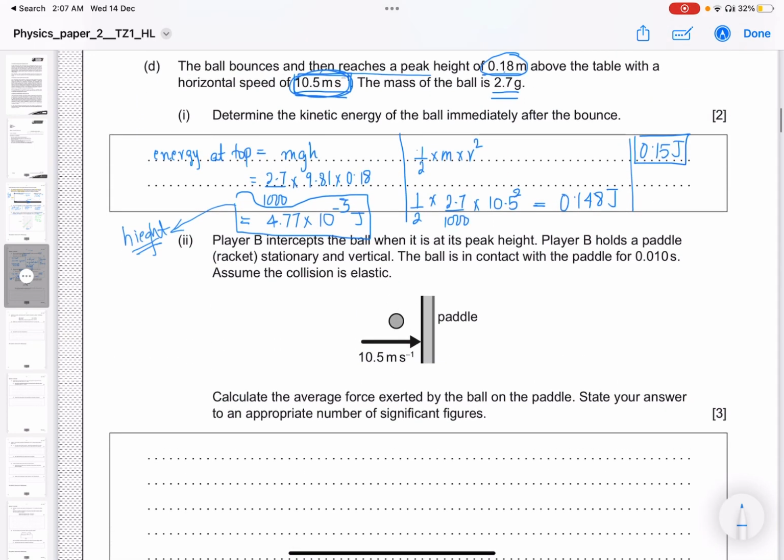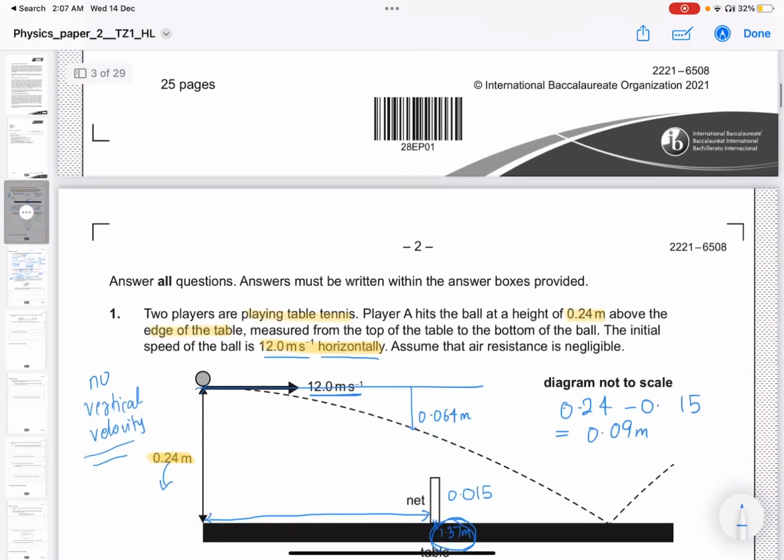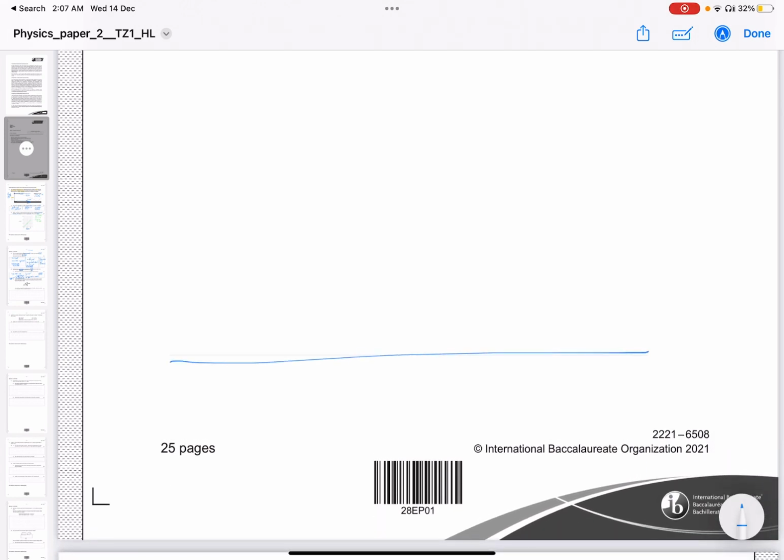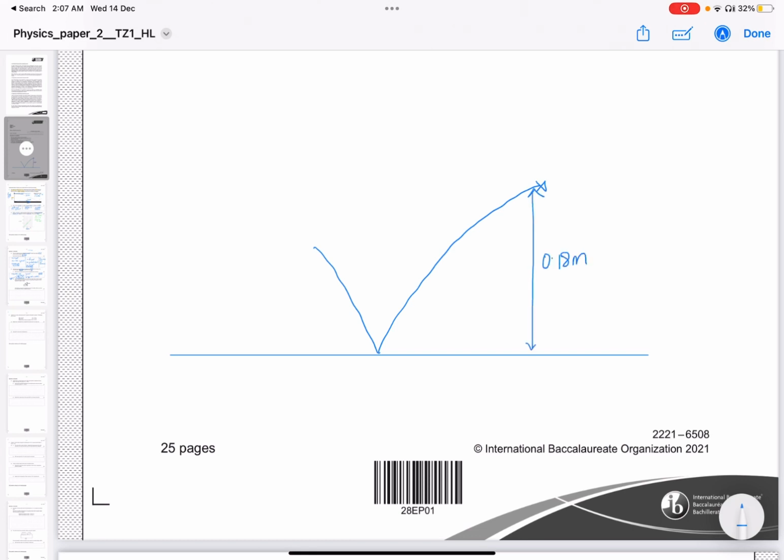I hope you understand this question. Because what they're saying is, if this is the base and the ball has bounced, then at this point it is 0.18 meters high and has the speed of 10.5 meter per second. So the ball must have some energy at the top.